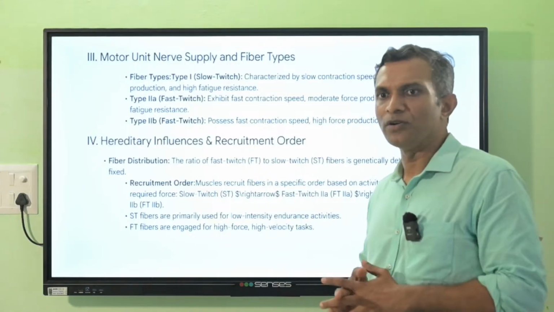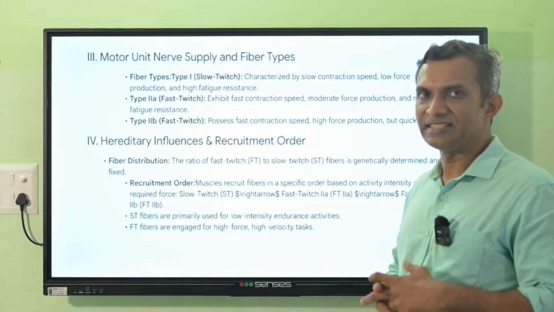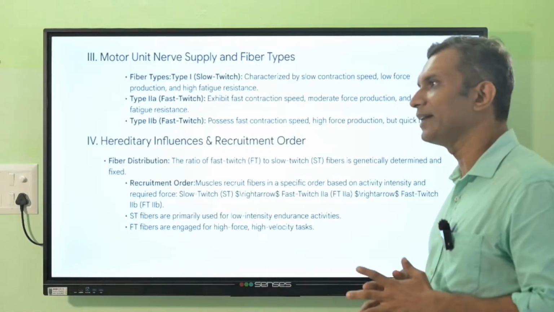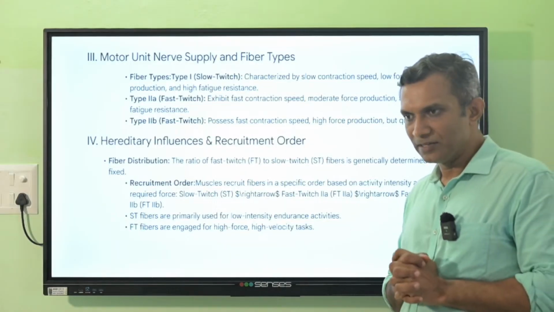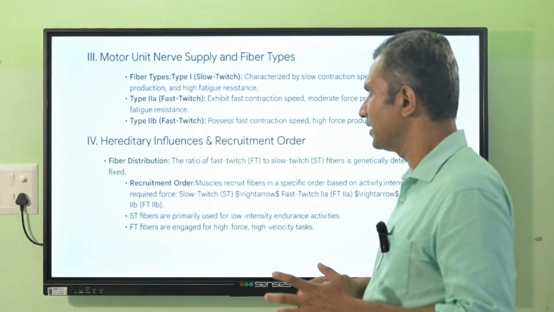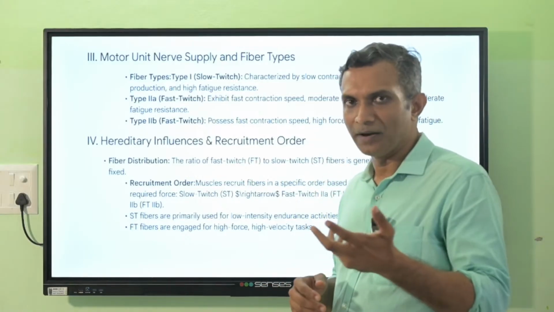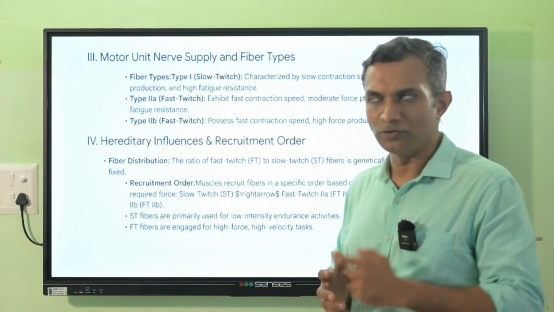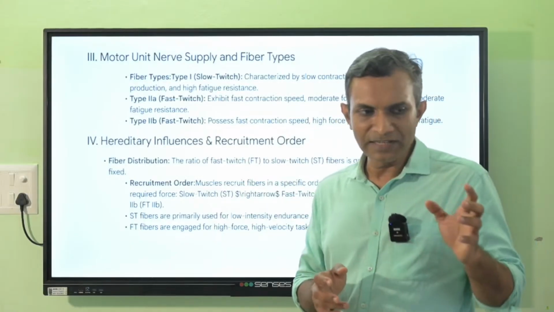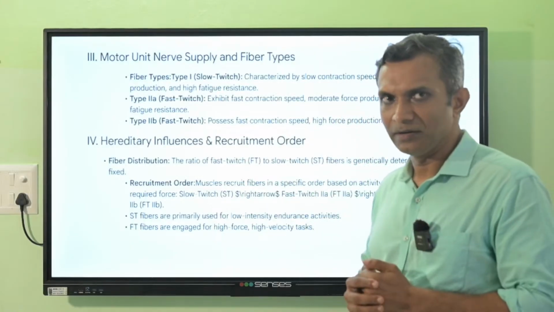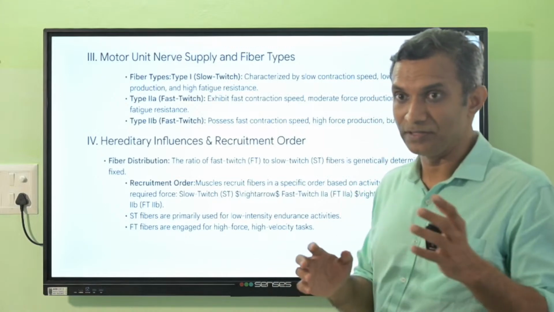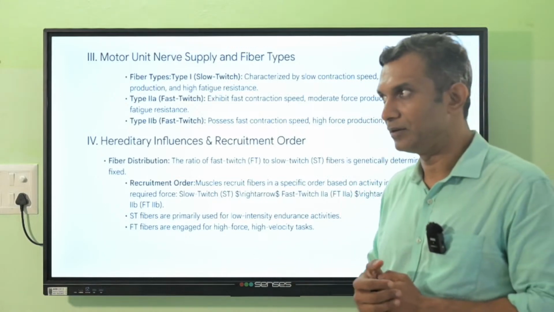And there is a recruitment order. A recruitment order is a sequence of motor unit activation. Imagine that we talked about the slow twitch and fast twitch fibers, type 1, type 2A, type 2B. A person is lifting a 1 kg dumbbell and another person is lifting a 10 kg dumbbell.